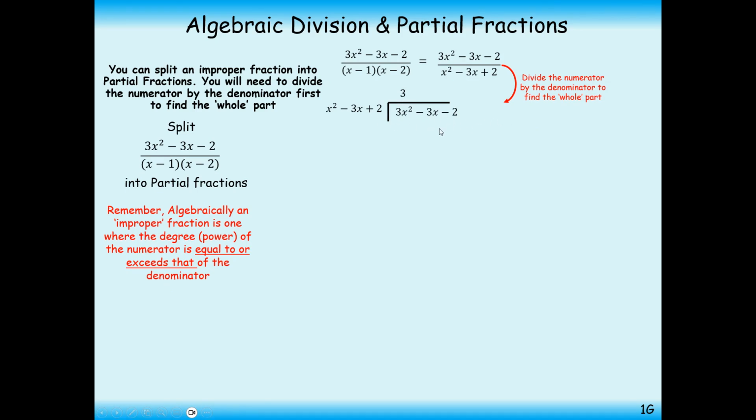So the answer is 3, and with one step, we will find the remainder. The remainder is 6x minus 8. Just like before, we have to put the remainder on top of the divisor. The divisor was x minus 1 multiplied by x minus 2. So let's write it like so.